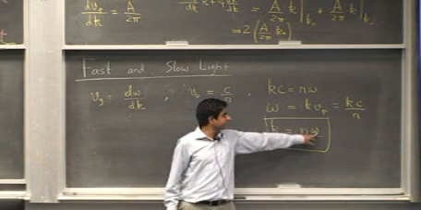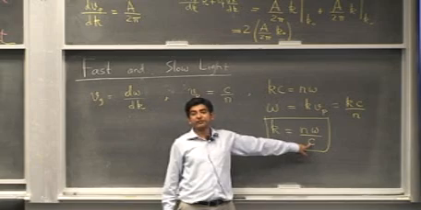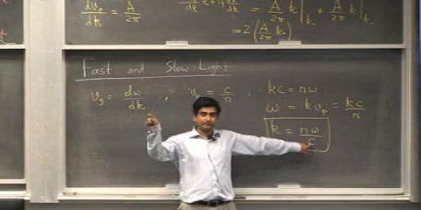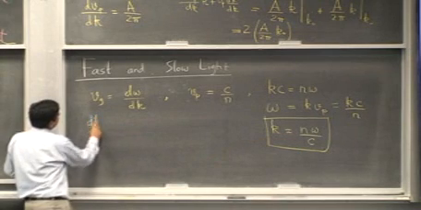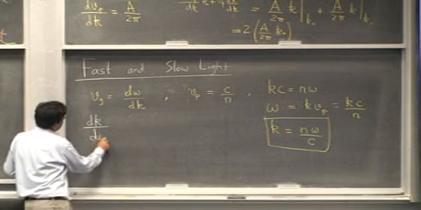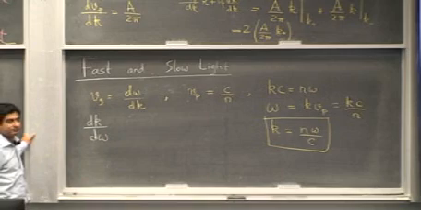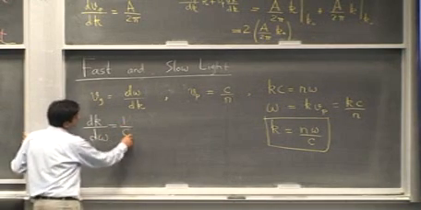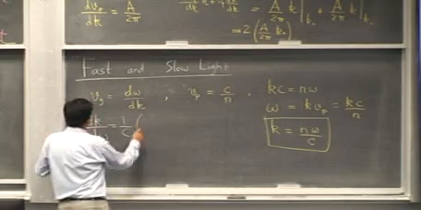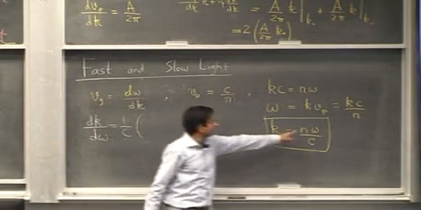This is the refractive index, this is the frequency, this is the speed of light in vacuum. Now what I would like to do is find dk over d omega. Let's find dk over d omega. C is a constant. Dk over d omega becomes the derivative of this.